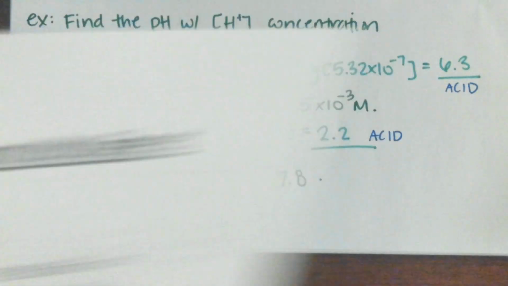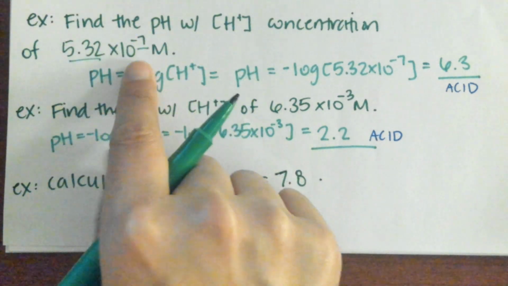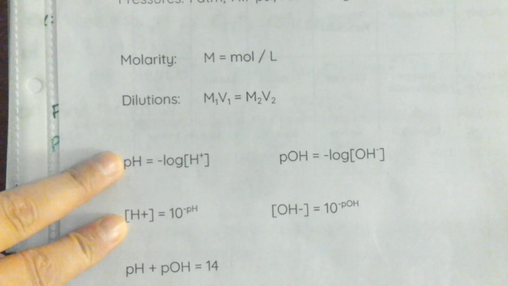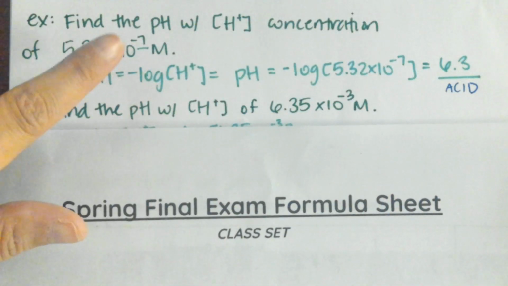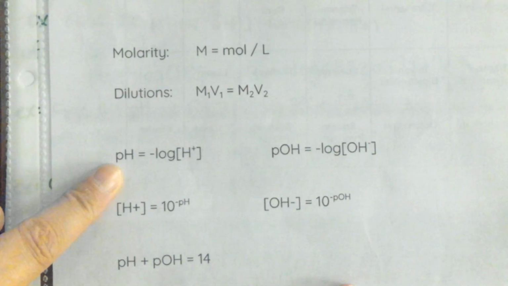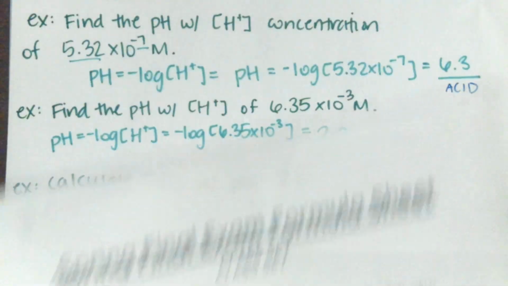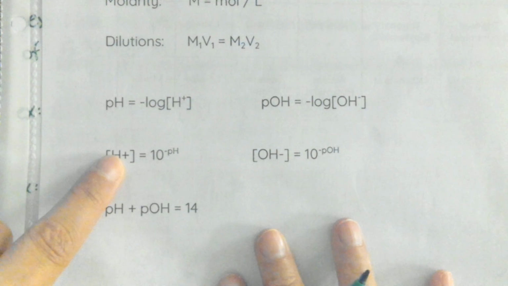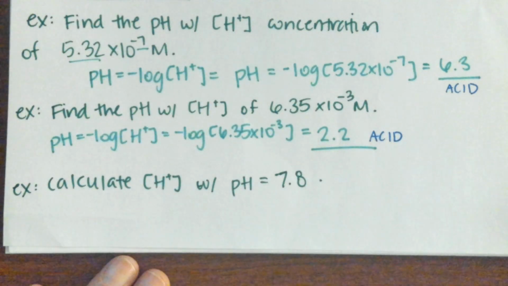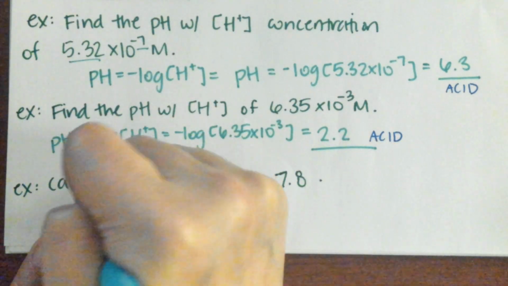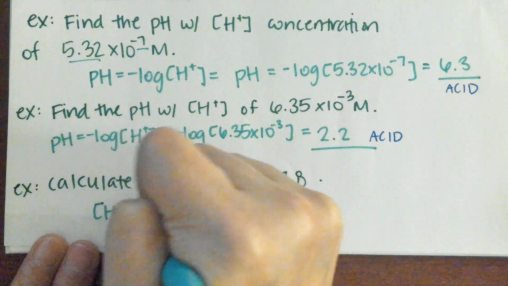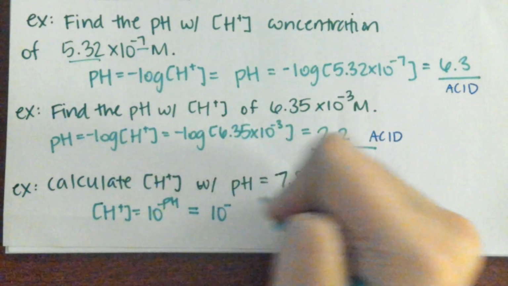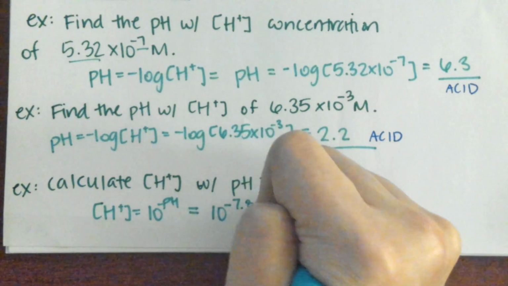Going back up here, the pH and H concentration, these are the two formulas that have both of them, but since I was trying to find pH before, that was the formula to use. For this one, since we're finding H, it's H equals 10 to the negative pH. So to plug that in, it's just 10 to the negative 7.8.